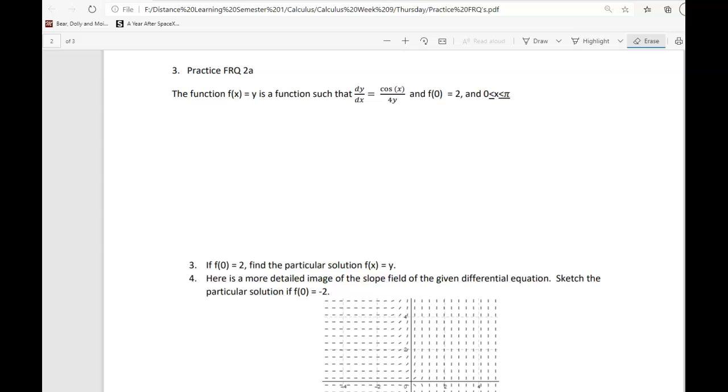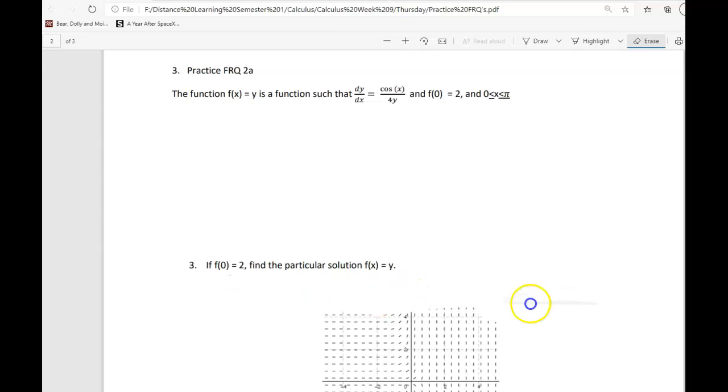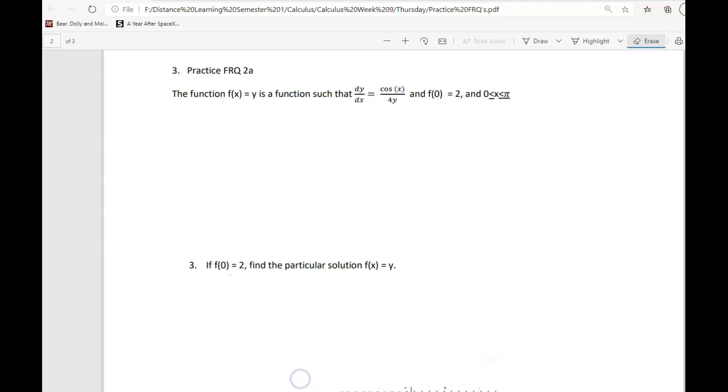Now I noticed in class today, a lot of you guys had trouble with that one, but usually those are pretty chill for people. And so I'm not too sure why it was hard, but if it's an easy question, do it. But understand it takes a lot of time and it's only worth 1 point. But number 3 is worth a lot. So we want to do number 3. They want me to find the particular solution. So let's do that.